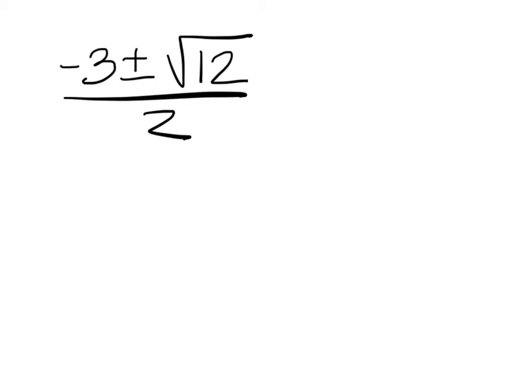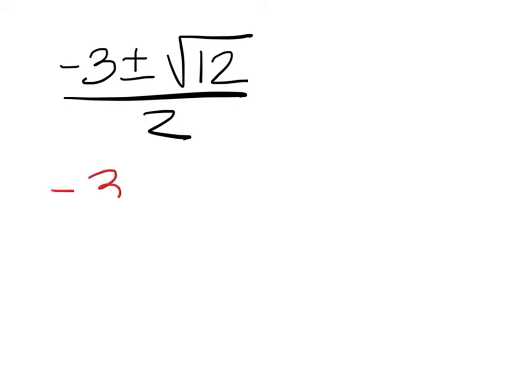We will work this miniature problem together before I give you a practice problem. And this miniature problem is negative 3 plus or minus the square root of 12 over 2. Anytime you have something as your discriminant which is positive but it's not a perfect square, meaning you can't find an integer square root, you're going to do it this way in your calculator.